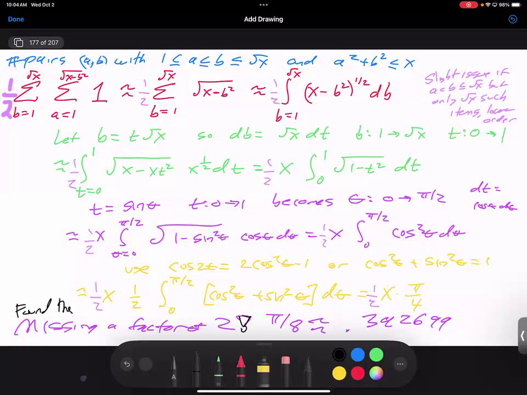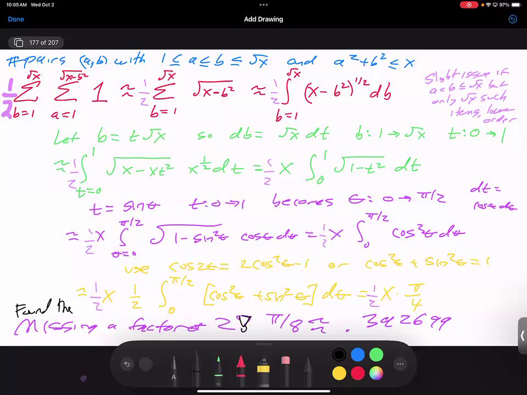So another way of looking at this is if I look at all the pairs a, b, such that a squared plus b squared is at most x, I want a to be at most b, so I'm not double counting. I don't want to count 3, 4, and 4, 3 as two different sides. How many such pairs are there?